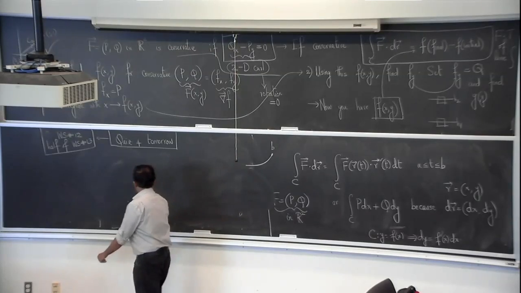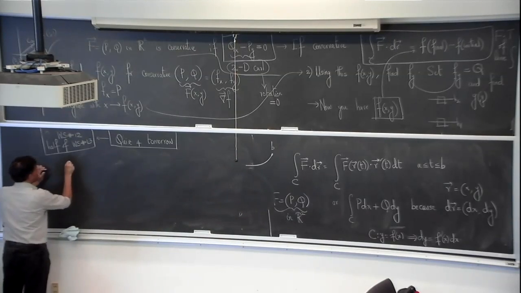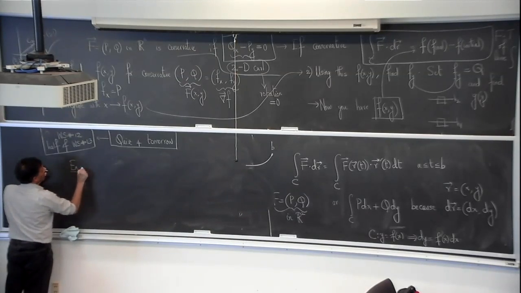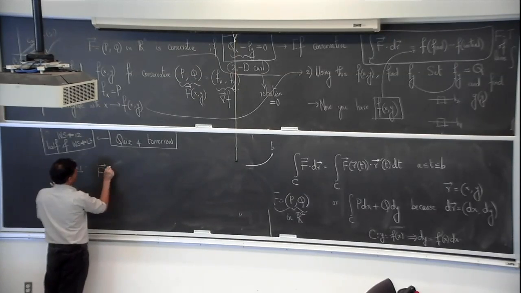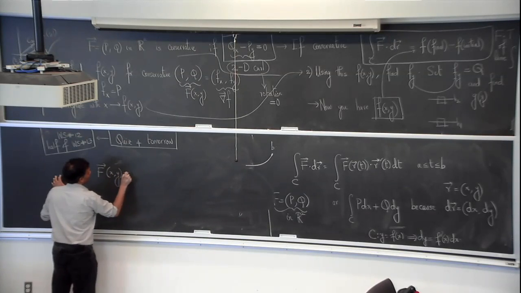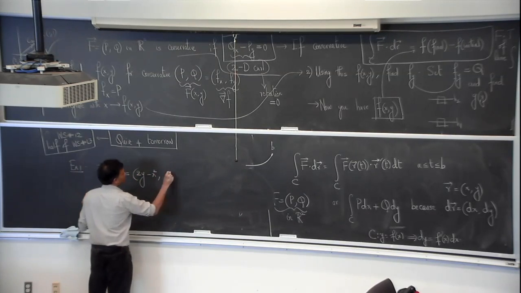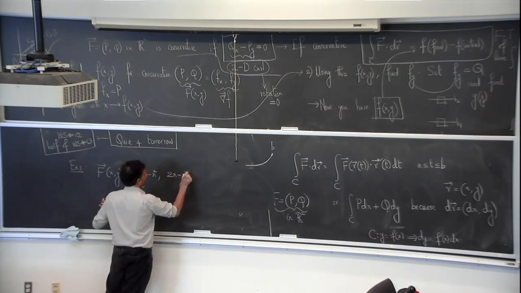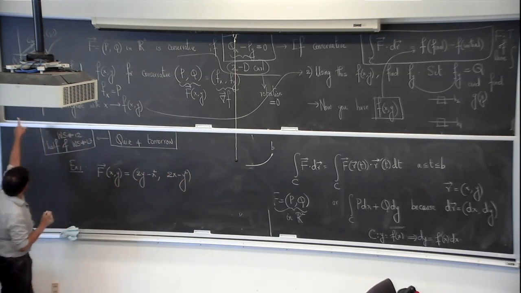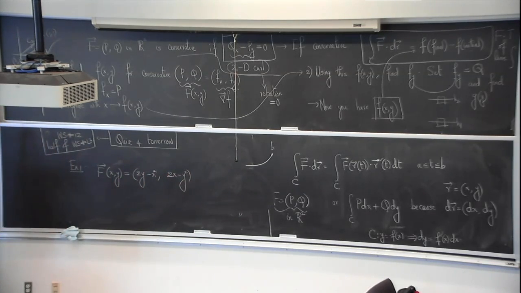All right, so I'm going to quickly do example 1. The vector field f of x, y equals 2y minus x squared, 2x minus y squared. This is the same vector field that you have in that problem in worksheet number 12, number 4.